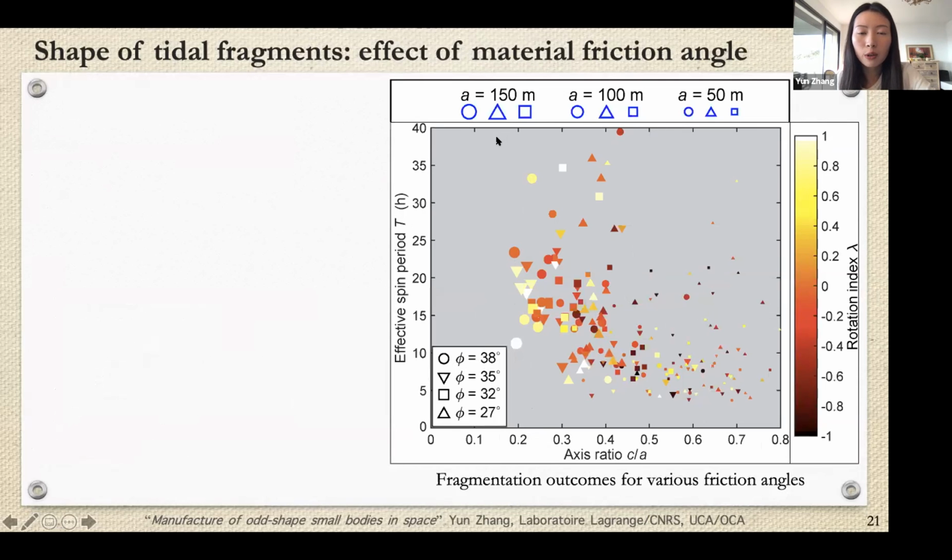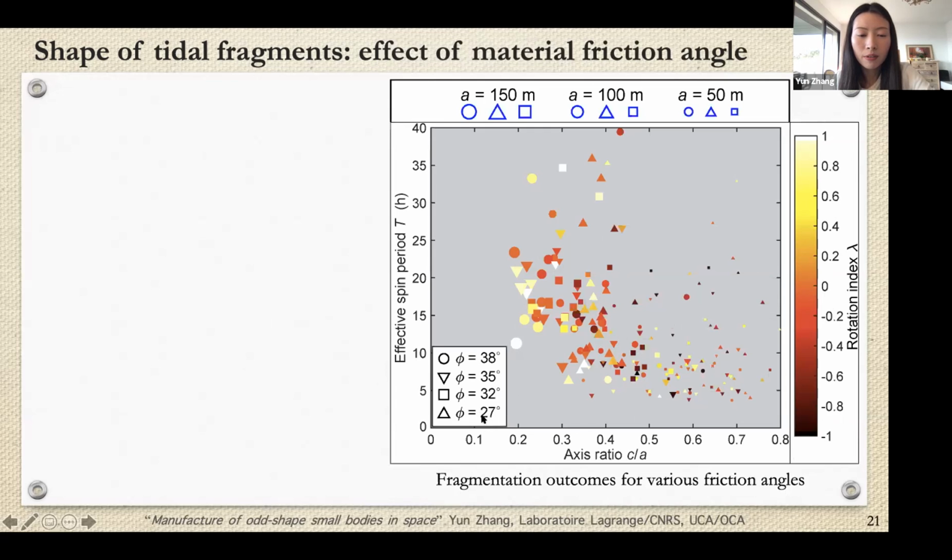They are quite close to the size of Oumuamua. And the color of each symbol represents the rotation state. If the rotation index is not equal to 1, 0, or -1, the fragment is rotating in a tumbling state. So as shown in this picture, most of the fragments are actually tumbling rotators.